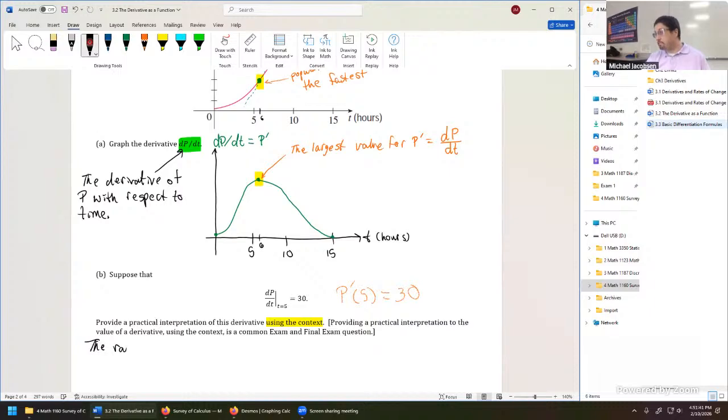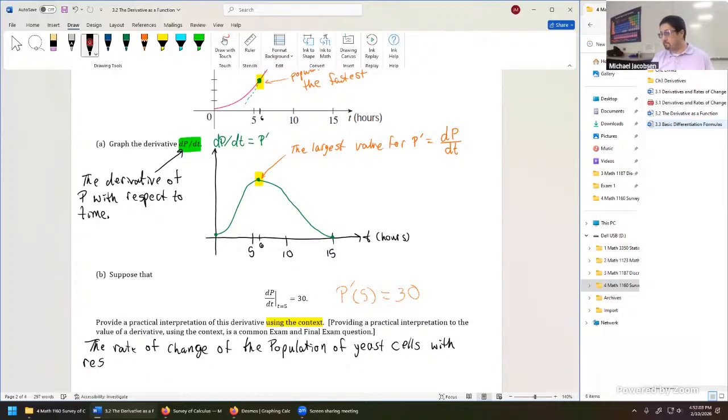P itself is the population of the yeast cells, so we can say the rate of change of the population of yeast cells with respect to time.